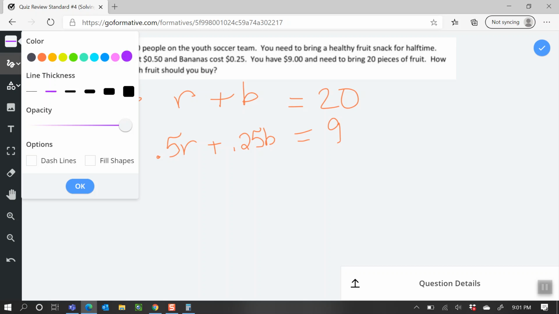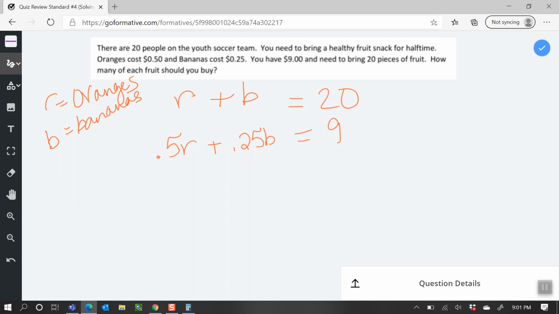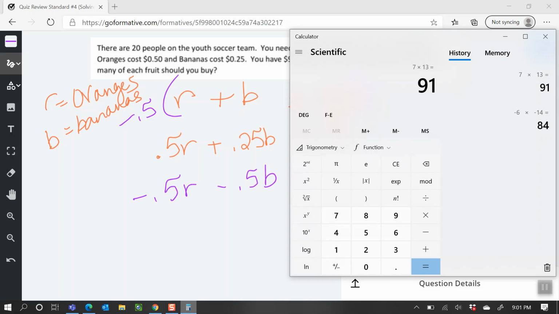I would solve this by elimination. So on the top, I would multiply by negative 0.5 because I want to get rid of the R's. So I have negative 0.5 R minus 0.5 B equals 20 times 0.5 negative equals negative 10.